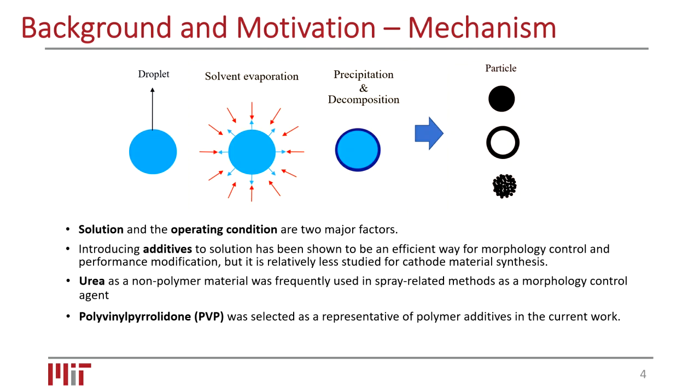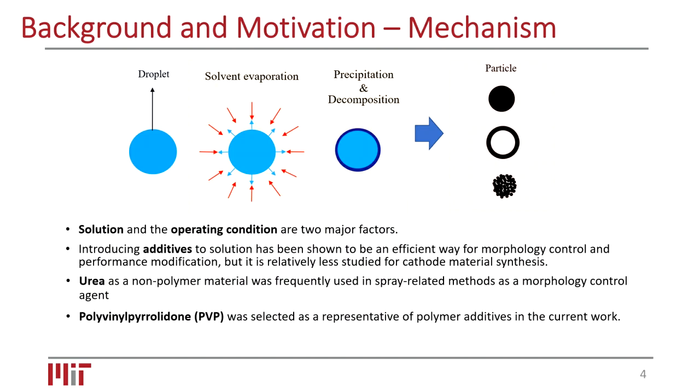Depending on the solution and operating conditions, we can get a particle with a dense structure, or a shell structure, or a loose structure with small particles agglomerated together. For the solution, the parameters to consider are the type of solute and solvent and the concentration. And for the operating conditions, we need to consider parameters such as the temperature and the residence time.